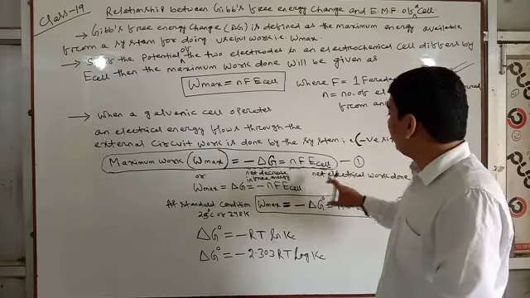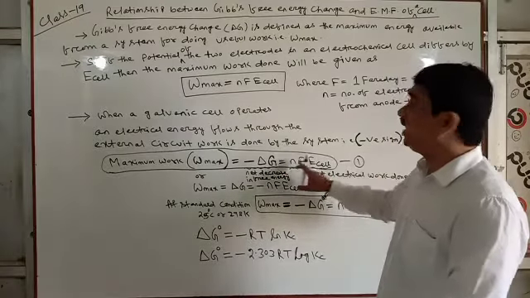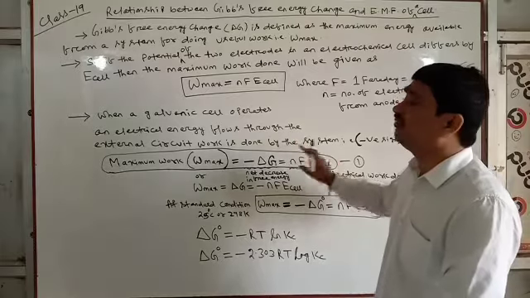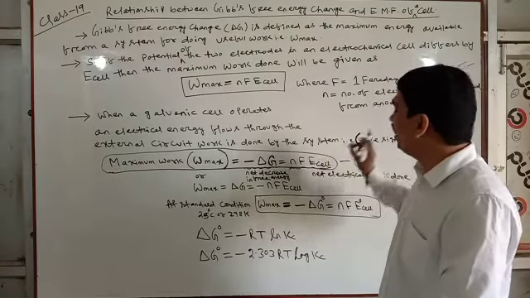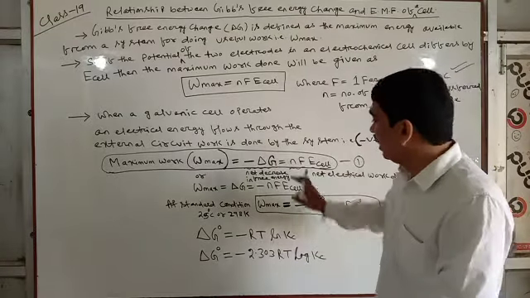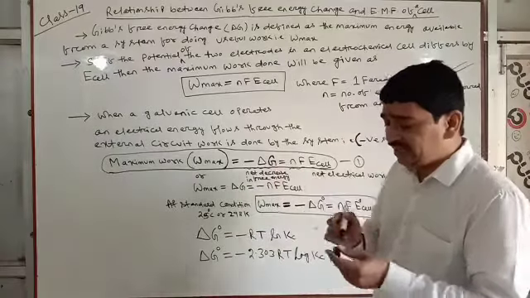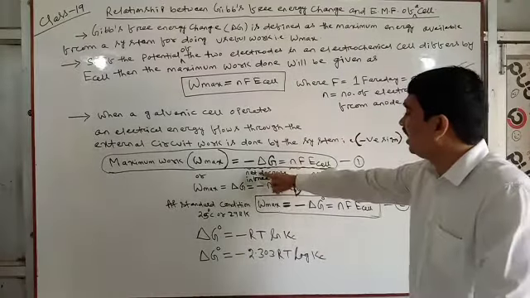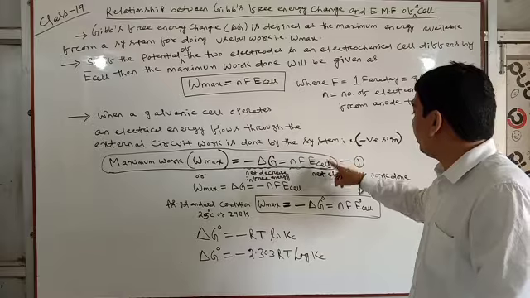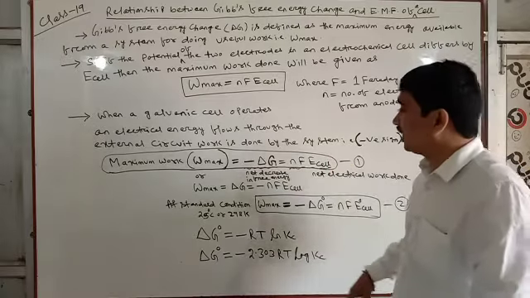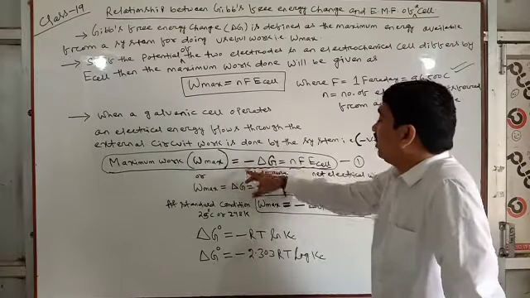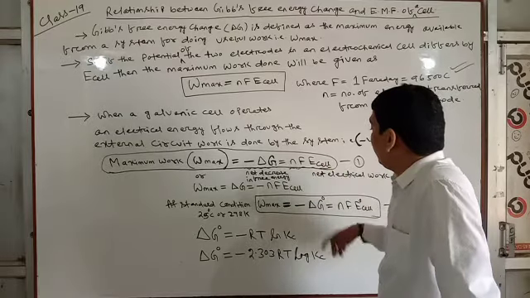What is nFE cell? Net electrical work done. So the net decrease in free energy is completely converted into net electrical work done. So maximum work W max equal to minus delta G, which is equal to nFE cell.